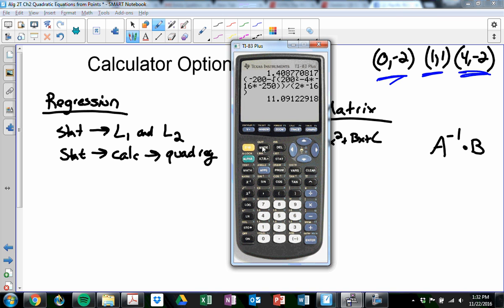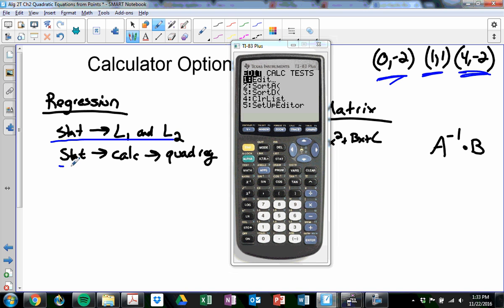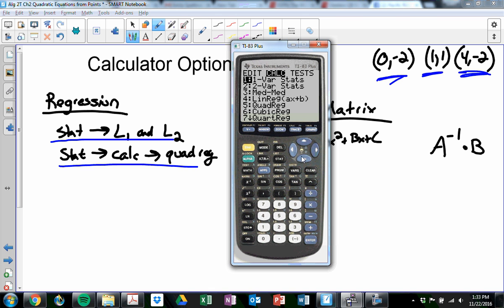Then I'm going to quit out of here. Press the stat button again. The steps are right here. I just did this. Now I'm going to do this. I'm going to press stat, scroll over to calc, scroll down to quad reg, which means I'm running a quadratic regression. A regression is like a line of best fit.